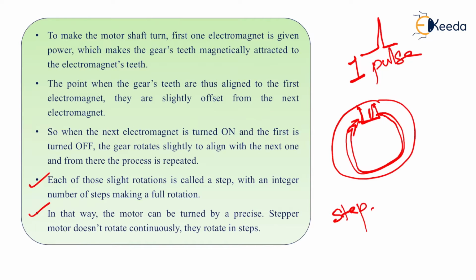So as we increase the pulses applied, the steps also increase, and that makes this type of motor precise. So it does not rotate continuously; it rotates depending upon the pulses applied to the particular electromagnets.